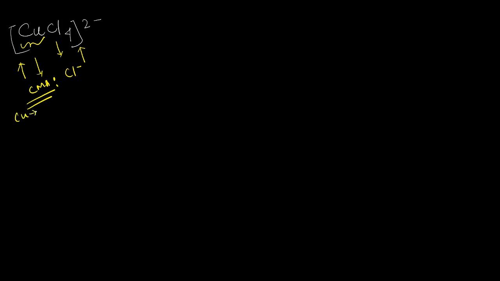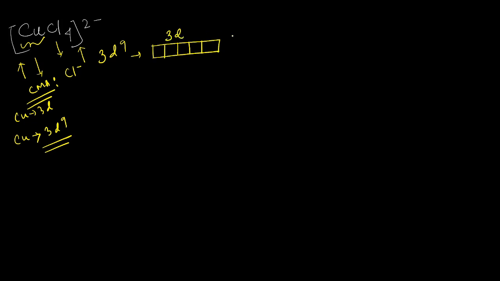We know copper is a 3d series transition metal. Among the different 3d series transition metals, copper has 3d9 electronic configuration. If I open this 3d9 electronic configuration like this, this is 3d, this is 4s and this is 4p.